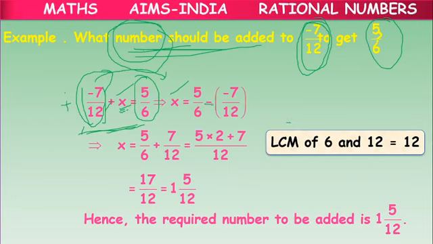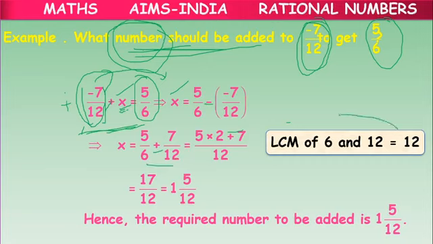Minus of minus 7 by 12. So already we know minus into minus equals plus. So 5 by 6 plus 7 by 12.